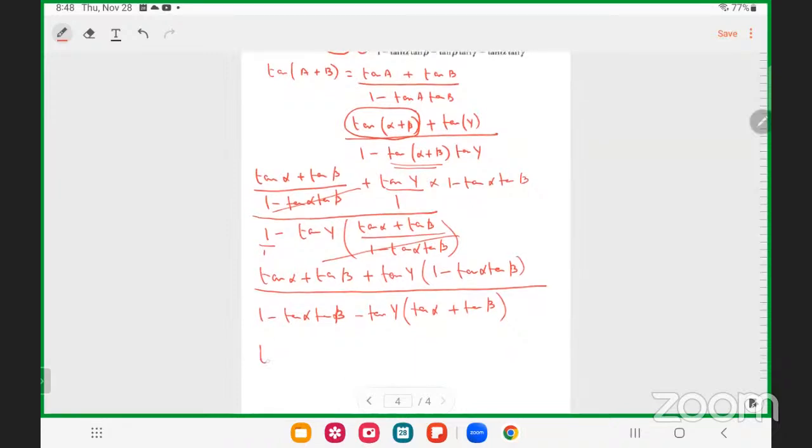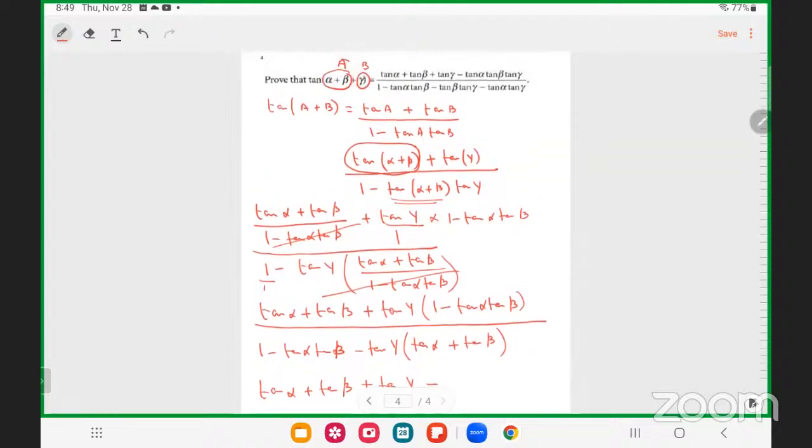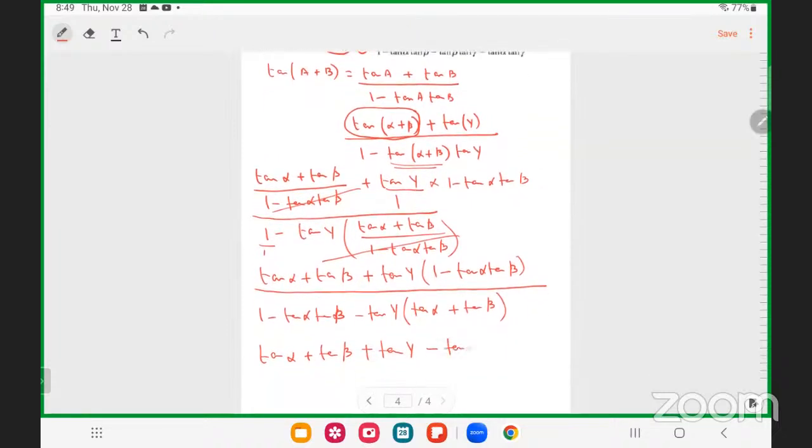I will be left with tan alpha plus tan beta plus tan y minus tan alpha tan beta tan y over 1 minus tan alpha tan beta minus tan alpha tan y minus tan beta tan y.